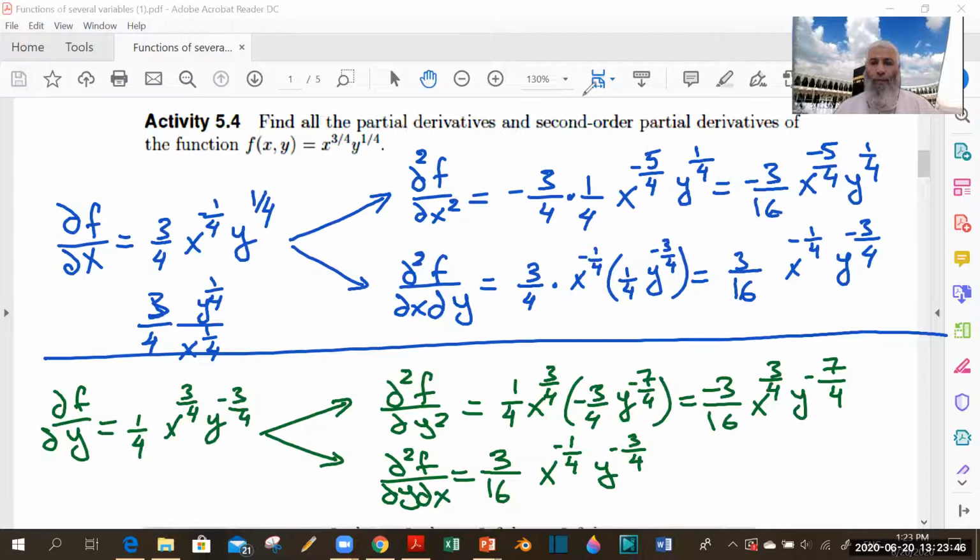And we can see that this is equal to this. These are equal, right?